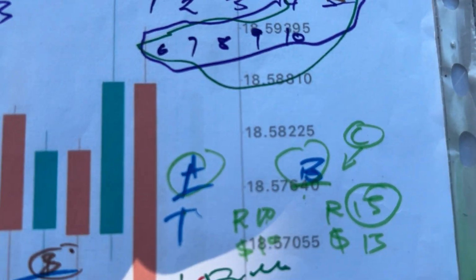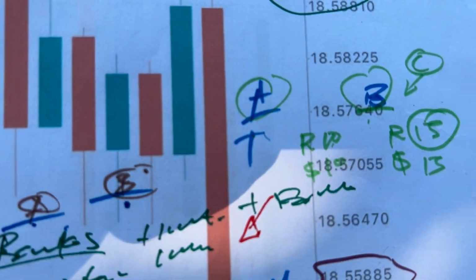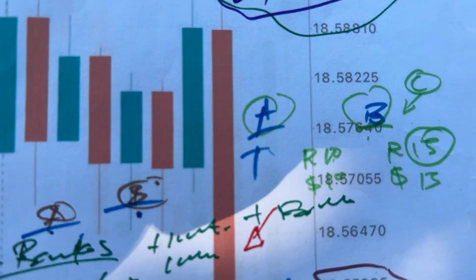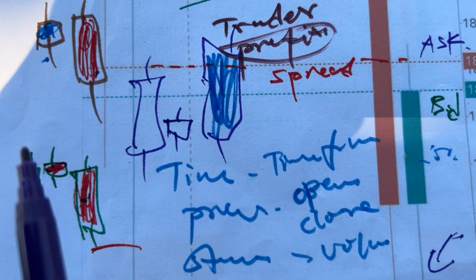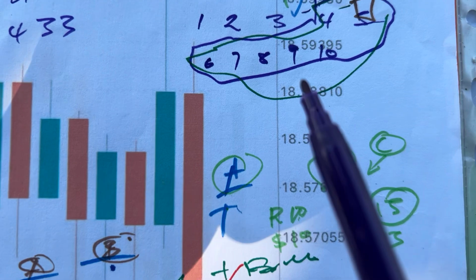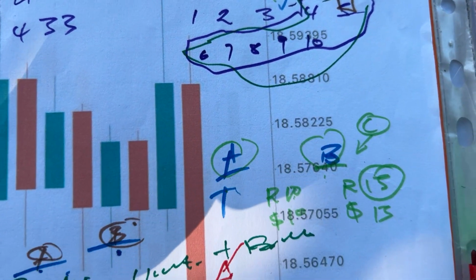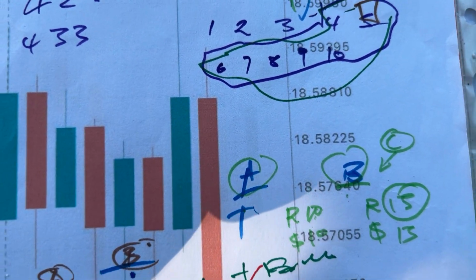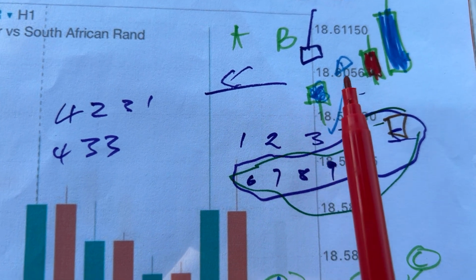Number 4 is an entry combination comprising of this 1, 2, and 3. However, remember, the candlesticks, you will not find them just like this.